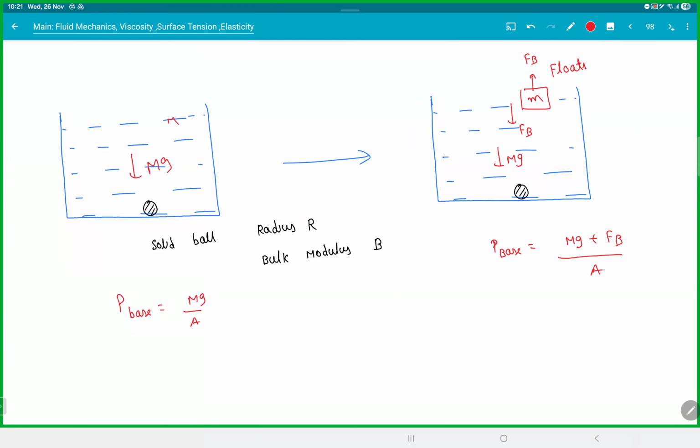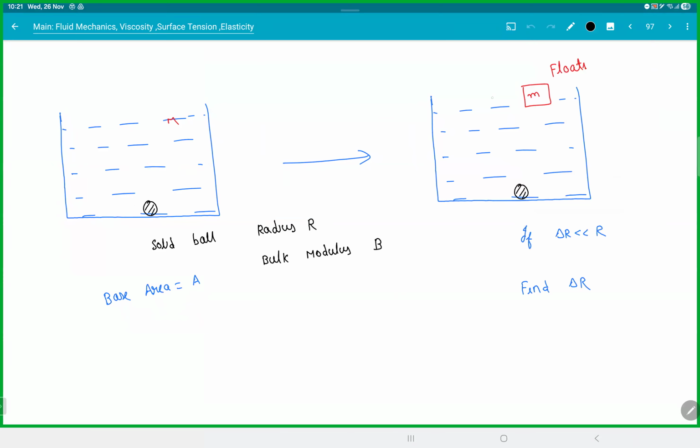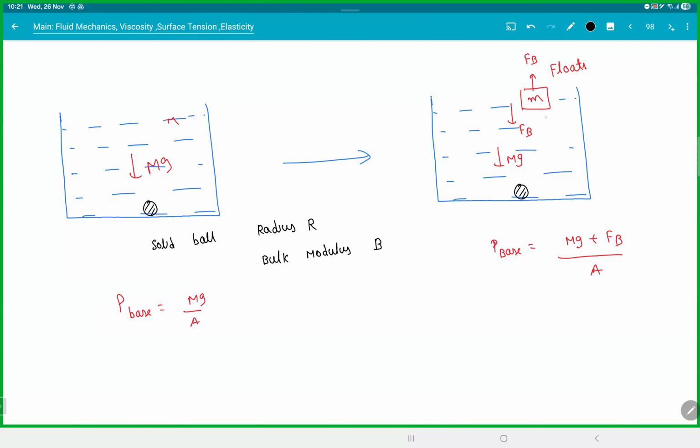So I can actually ask a question like this, what if I drop a block which sinks inside? Then the buoyant force will not be equal to mg. Here it floats, so this will be Mg plus small mg by area.